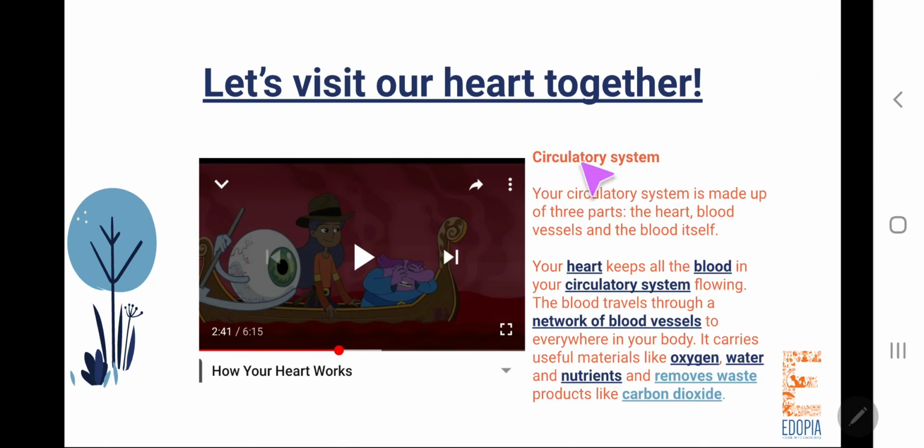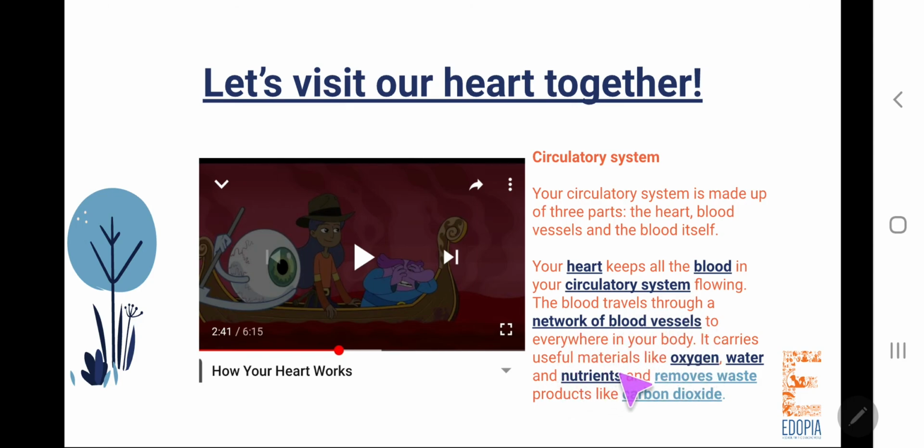So, the circulatory system. Your circulatory system is made up of 3 parts: the heart itself, and the blood vessels, so those are the arteries and the veins that carry the blood. Your heart keeps all the blood in your circulatory system flowing. The blood travels through a network of blood vessels to everywhere in your body.